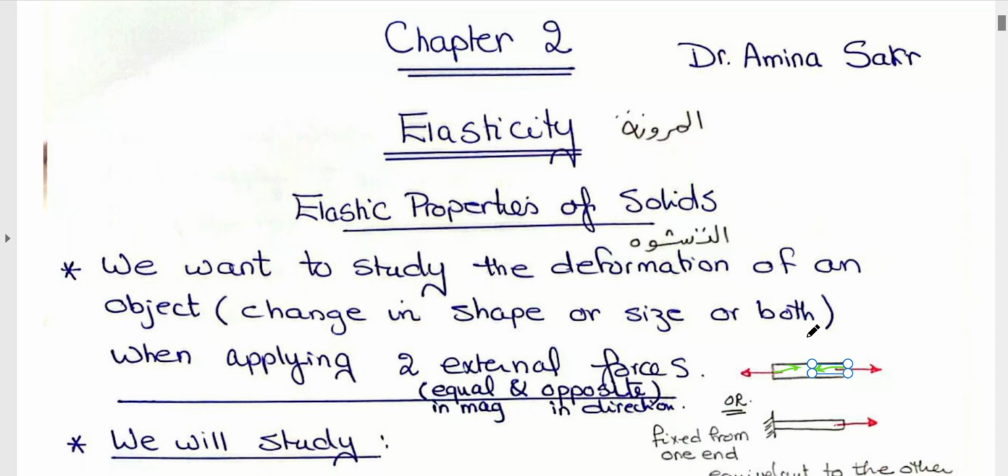In this chapter, we want to know the deformation that happens when applying these forces, but we will study it from the point of view of stress and strain. These are two concepts that discuss the deformation that happens because of external forces.